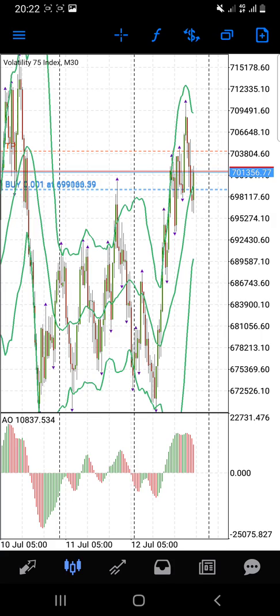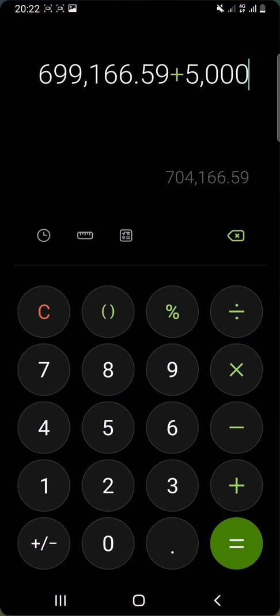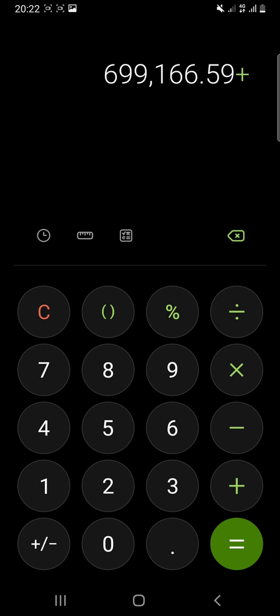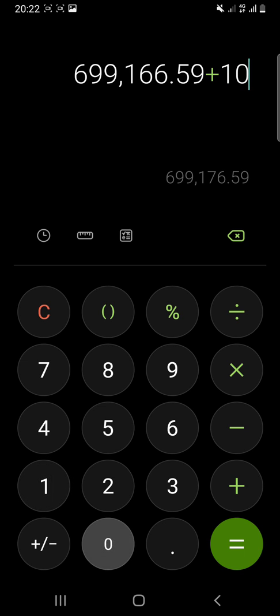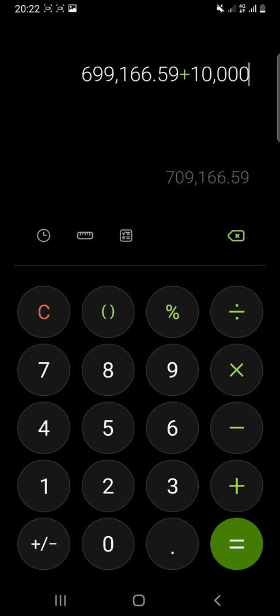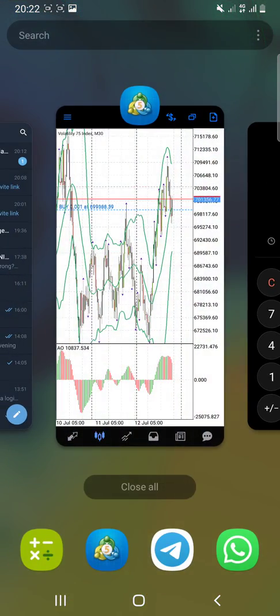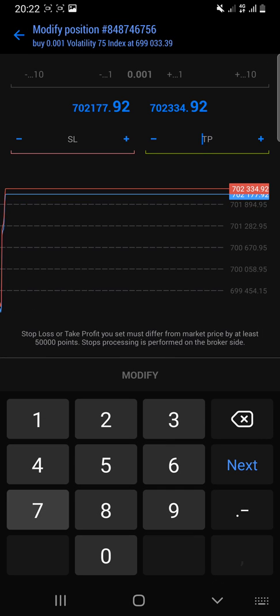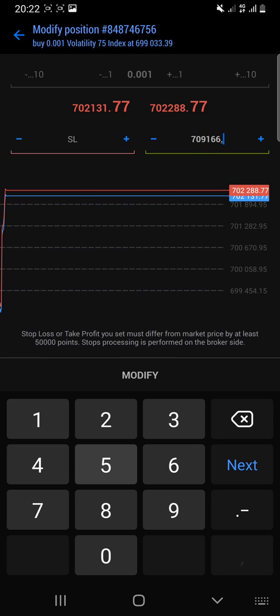Now let me calculate for 100 pips. 100 pips will be 10,000. Okay, now this is 100 pips. 709,166.59.